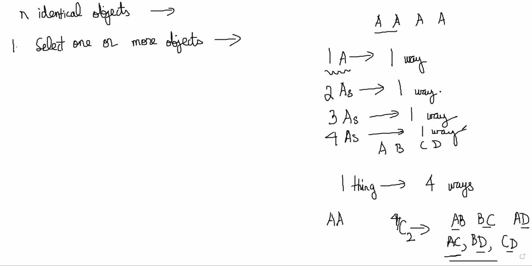right? So actually when there are identical objects, the number of ways of selecting one or more will be just 1 to n. All the possible selections can be done in one way. Like selecting one out of them is also one way, two out of them is also one way, and n out of them is also one way.